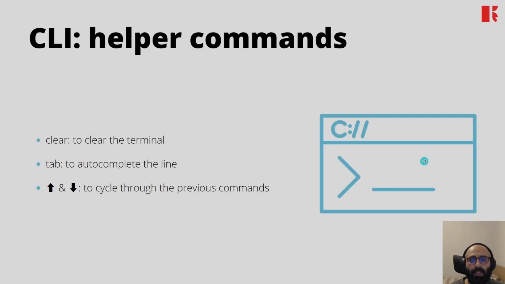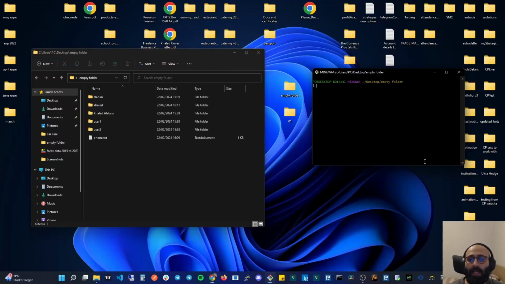The other one is tab. As I said, tab is to auto-complete the file names or the directories you are pointing at, so it's also so much handy to use. And you can use the arrow to cycle through the previous commands. Let's say I forgot what kind of command I did to create a file.